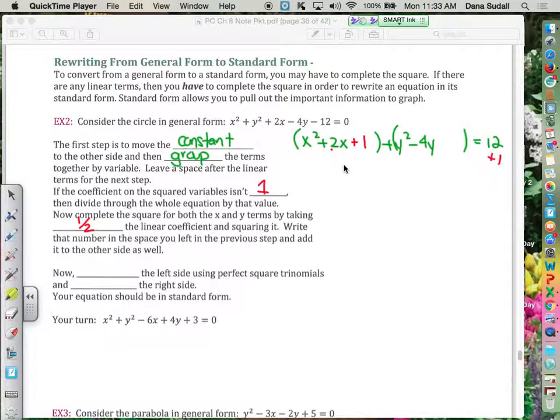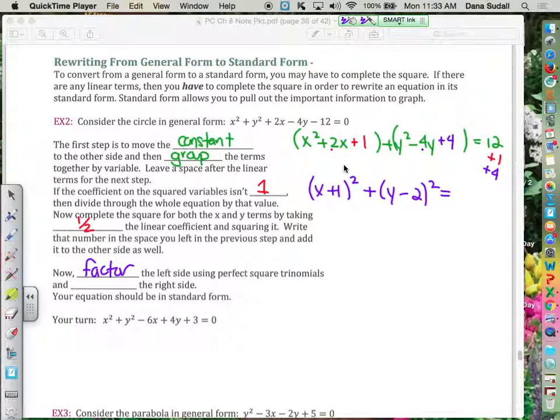Then we'll do the same for the y term. Half of 4 is 2. 2 squared is 4. Since I added it to the left, I'll add it to the right. And then you can write this in factored form. Finish filling in the blanks here. Now, factor the left side using perfect square trinomials.